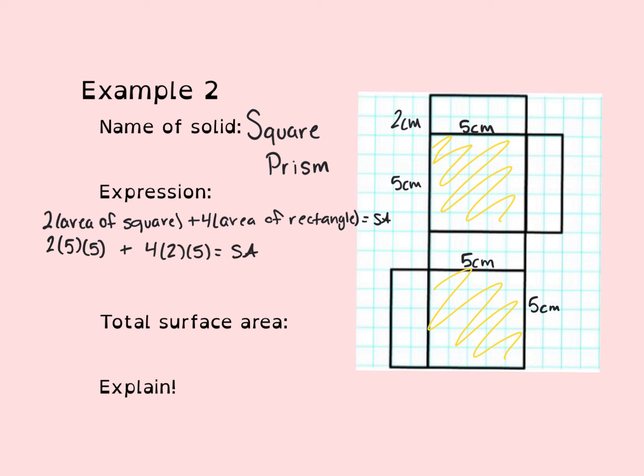I have substituted in the values from our picture into our expression. Now you just have to solve. After solving it, you should get 90 square centimeters. Just like the last problem, we were able to find the surface area of this shape by finding the area of the shapes that make up the square prism.